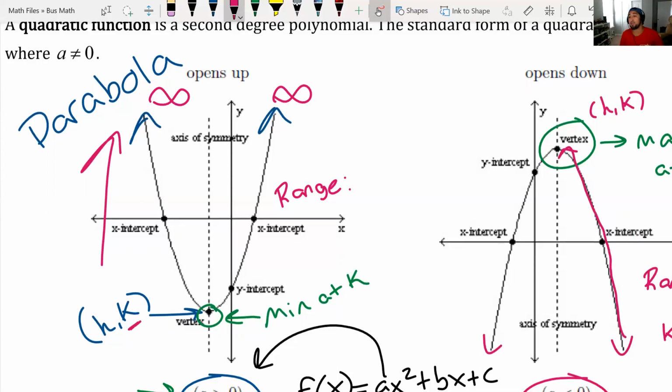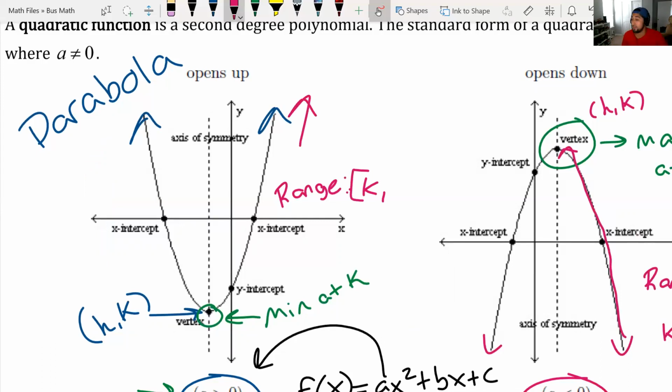So to state the range for a parabola that opens up, we start at the smallest y value, bracket k, and now state the largest y value, which is headed towards infinity.